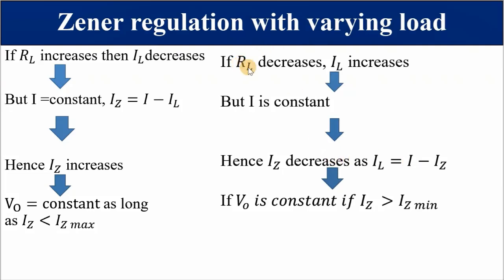Hence, a decrease in RL causes Zener current to decrease. This is going to decrease up to what level if we are to maintain the output voltage constant? The output is going to remain constant as long as the decrease of this will not go beyond the minimum Zener current. I think this is clear.